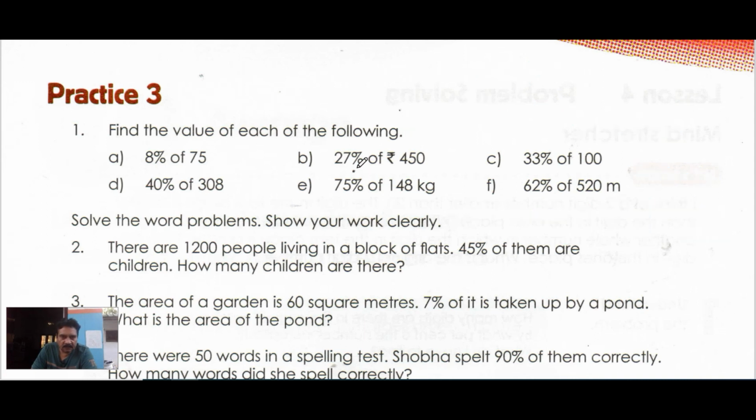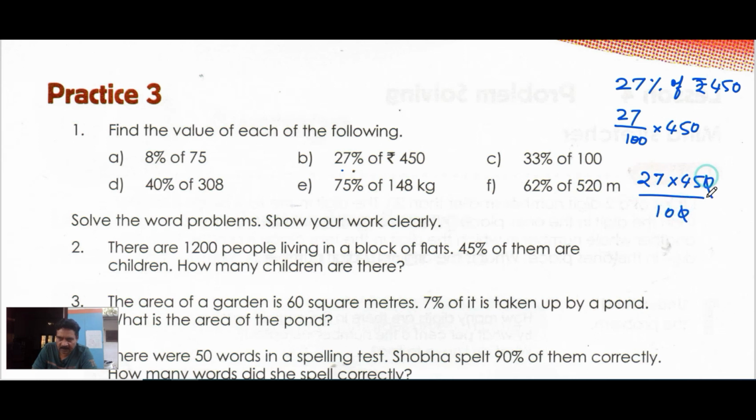Now go to the next one, that is 27% of rupees 450. So I'll do it here. 27% of rupees 450. 27% means 27 by 100 into 450 rupees. Next step is going to be 27 into 450 by 100. This 0 gets cancelled, right? 5 2s are 10, 5 9s are 45.